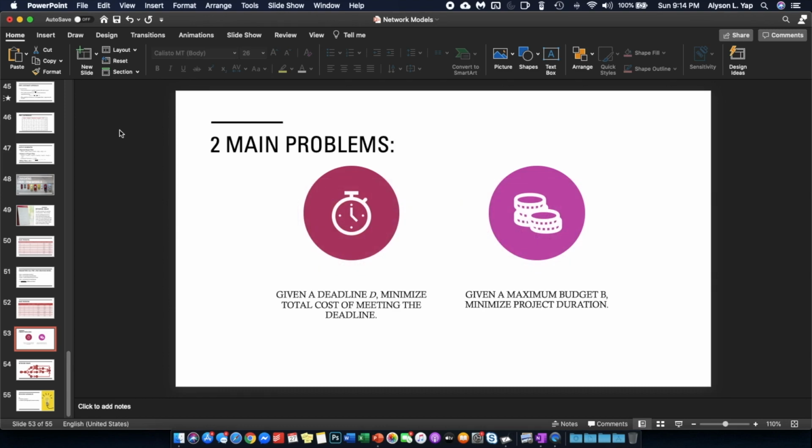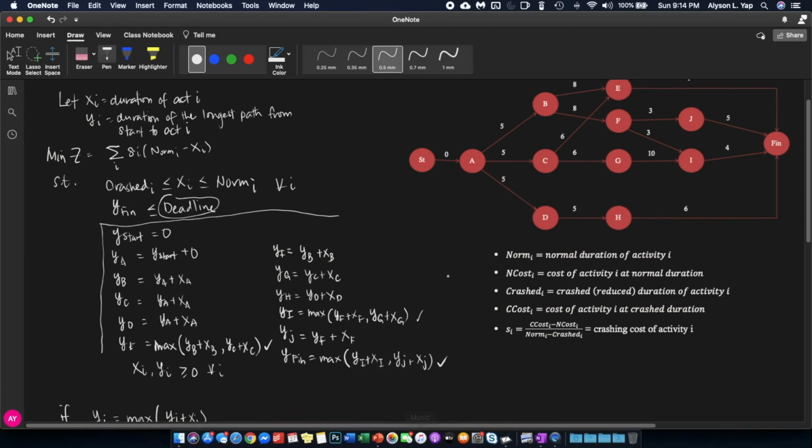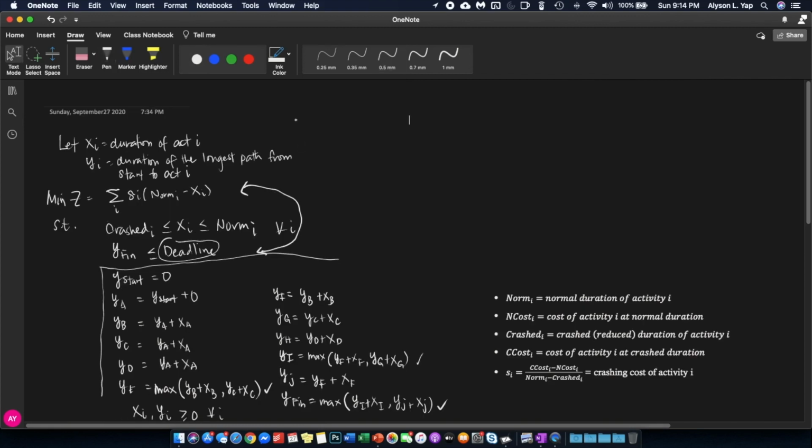Now, how do we deal with the second problem, where you'd like to minimize your project duration, but you are given a certain maximum budget? What happens here is exactly the same, except these two will be switched. What do I mean? In this case, your objective function now becomes minimize z equals y sub finish. Why?